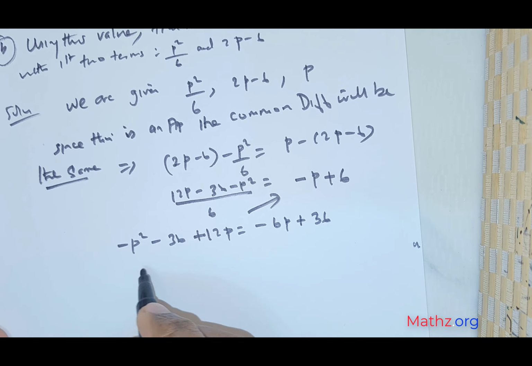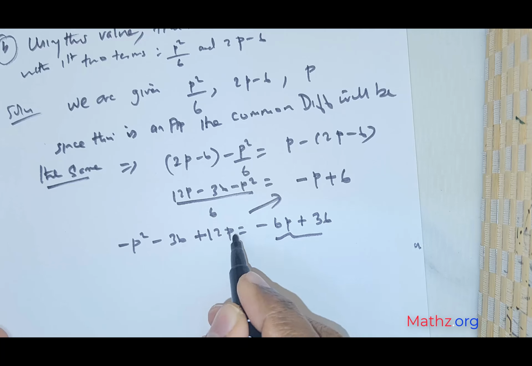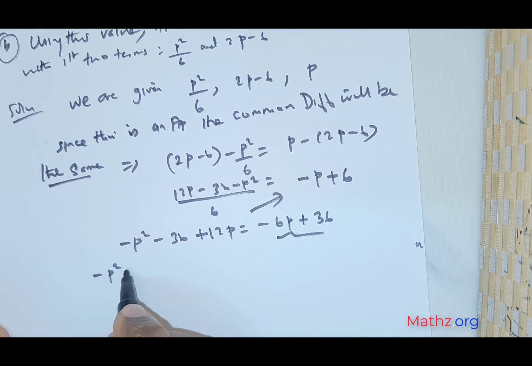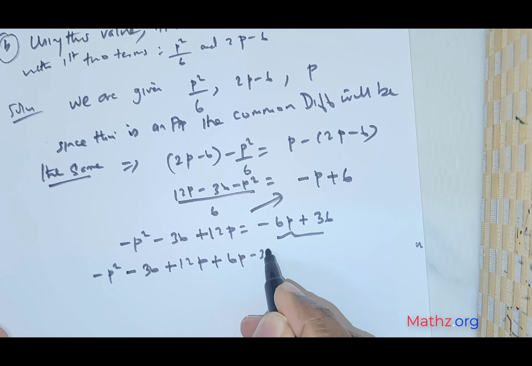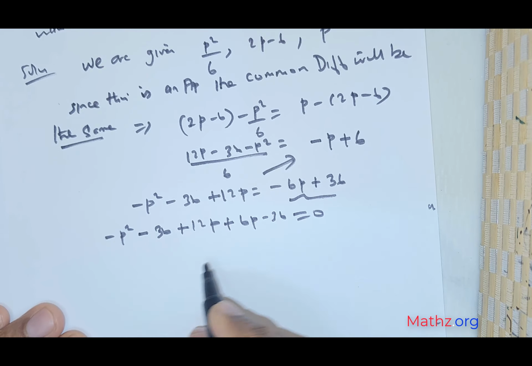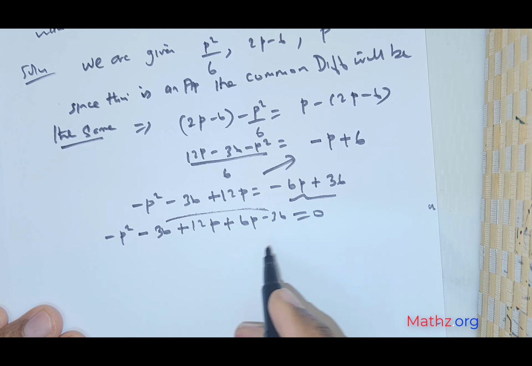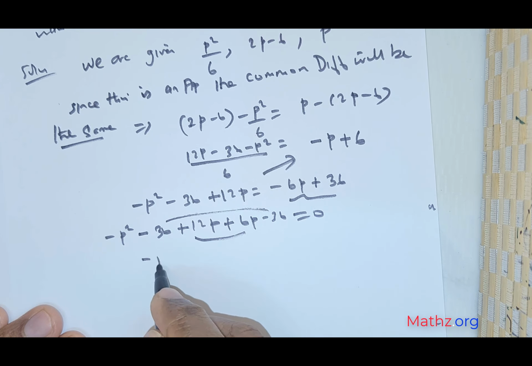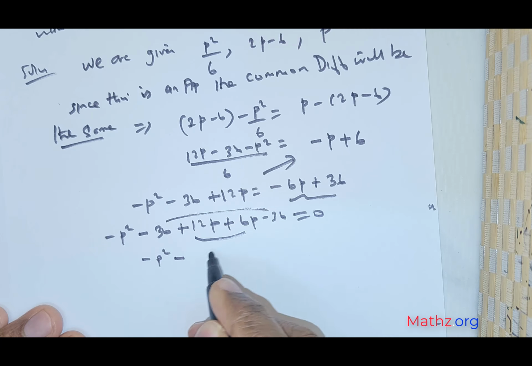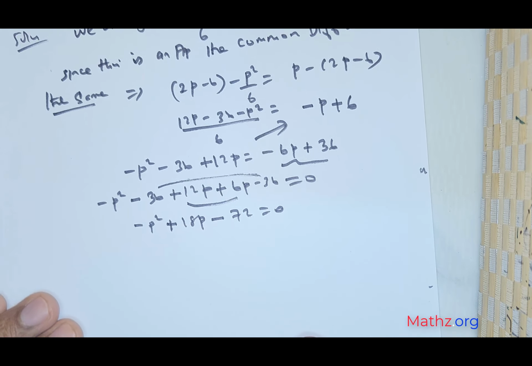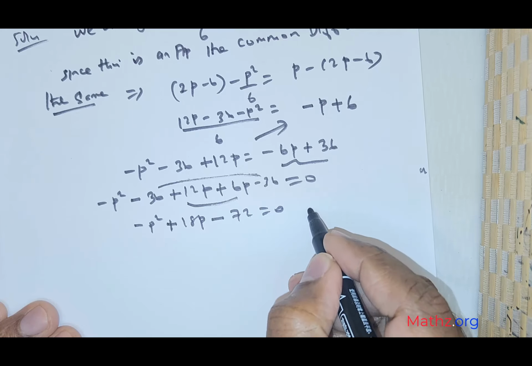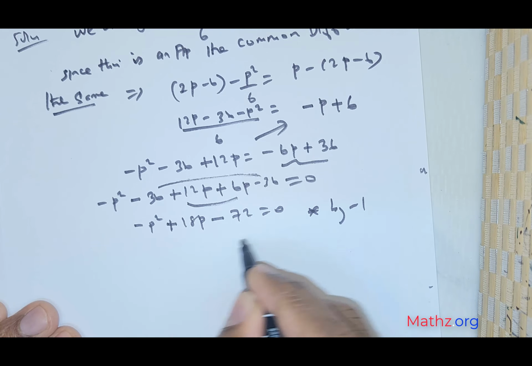You bring everything to the left, that's going to be −p squared − 36 + 12p + 6p − 36 is equal to 0. Now these can be added, so that's going to be −p squared + 18p − 72 is equal to 0. Now I'm going to multiply by −1 throughout.